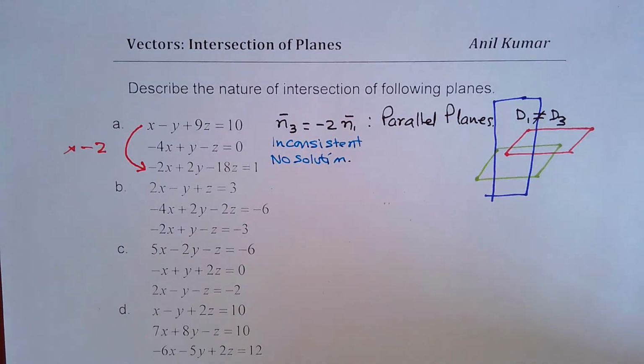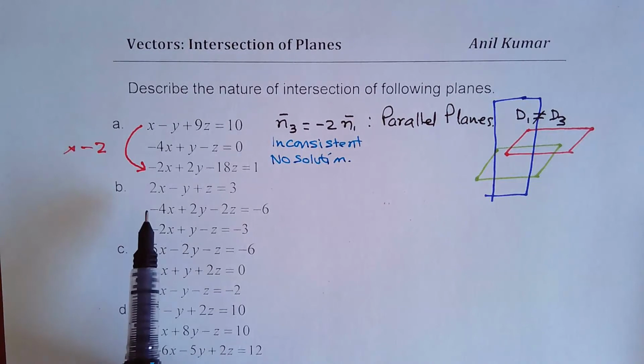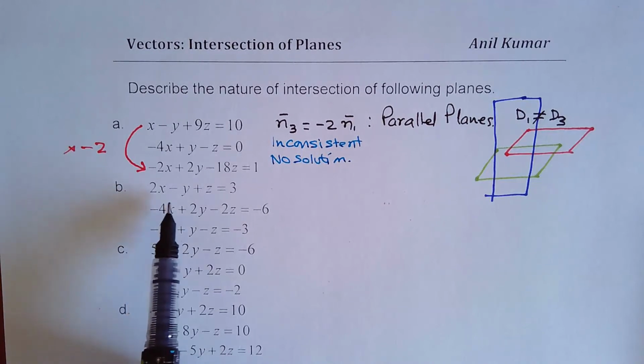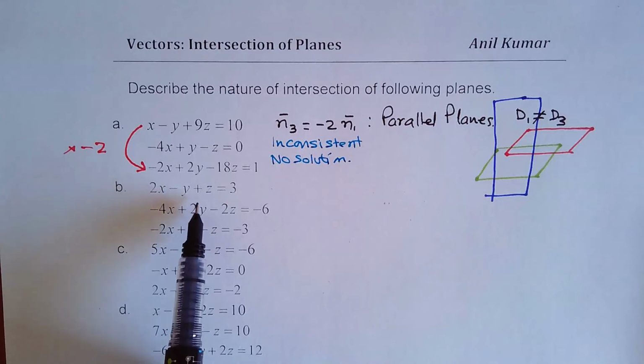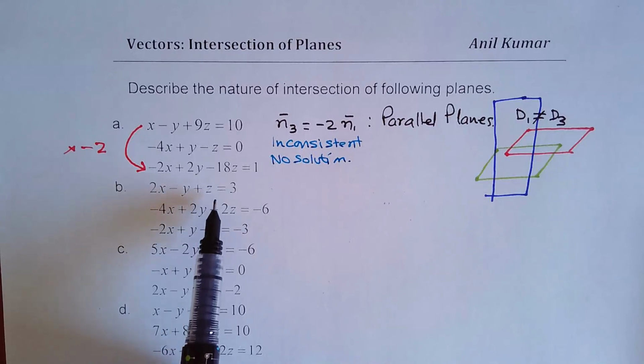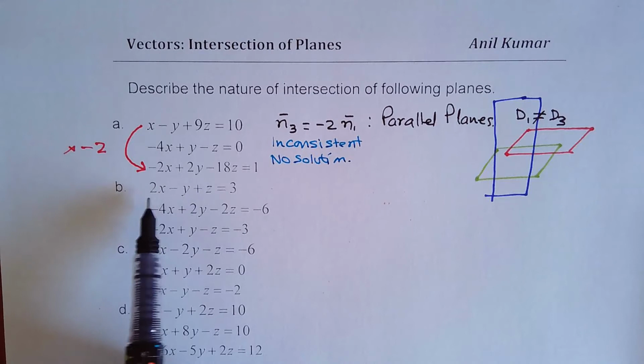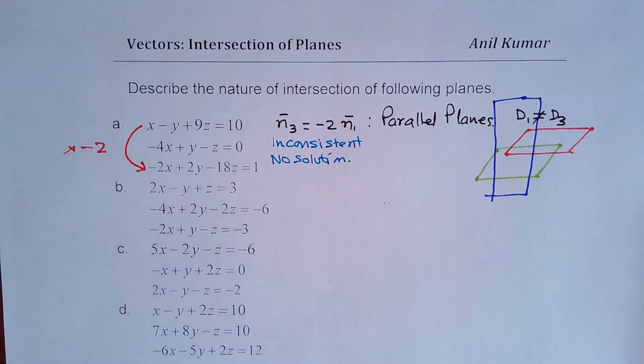Let's look into the second case, which is 2x minus y plus z equals 3, minus 4x plus 2y minus 2z equals minus 6, minus 2x plus y minus z equals minus 3.